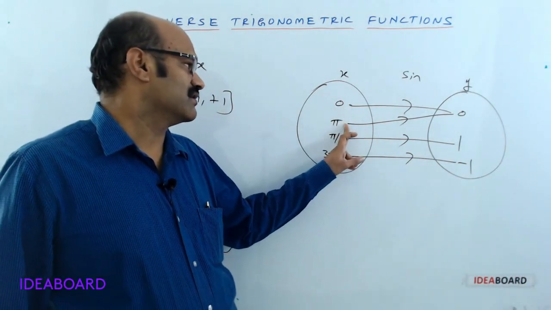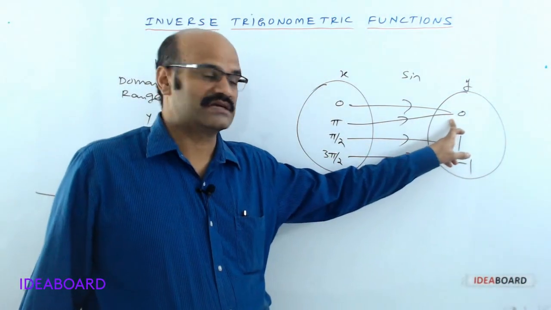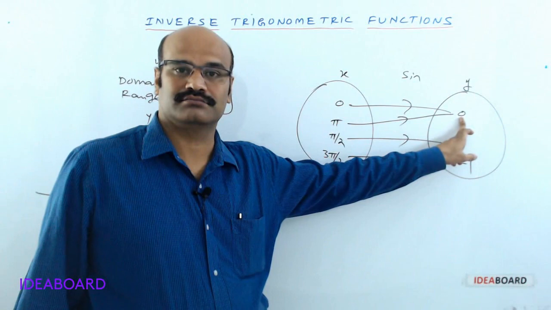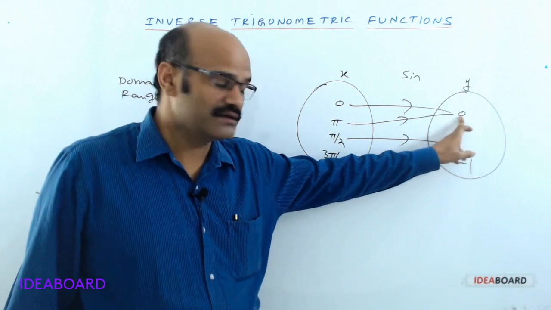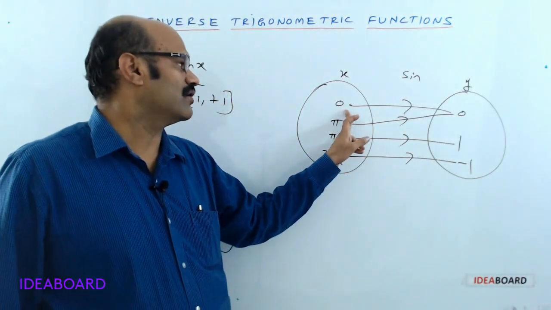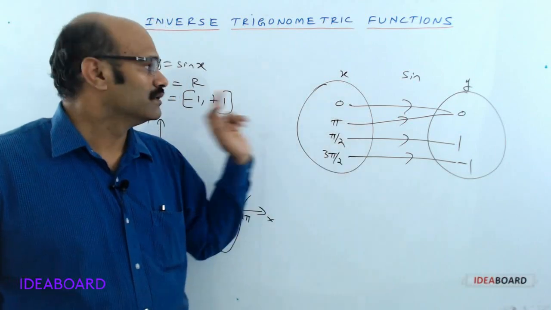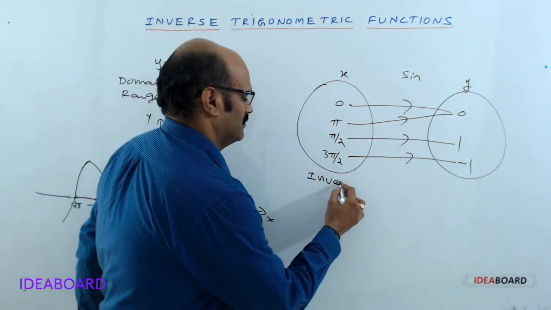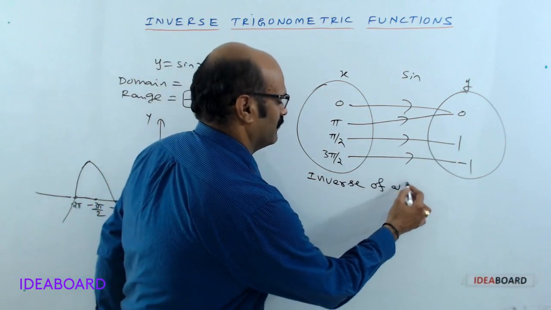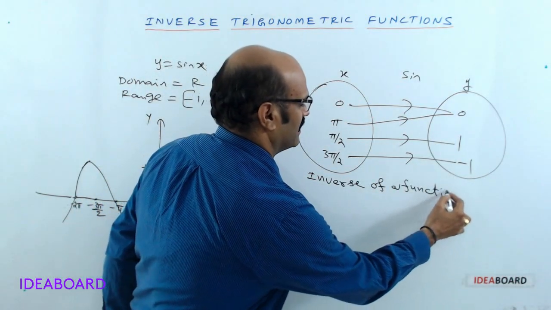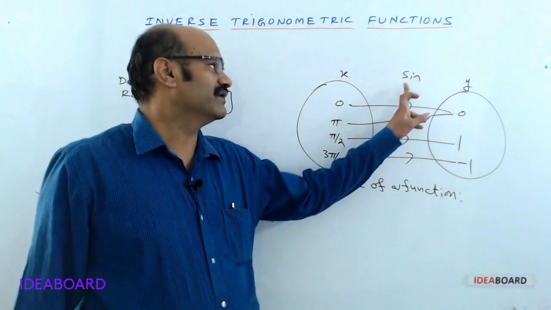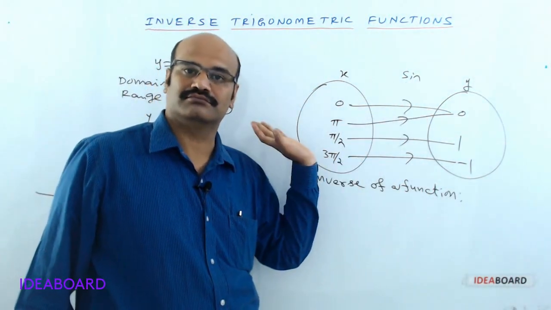Clearly this function is not one-one, since these two elements have the same image. So we say that this function is not bijective. Whenever you want to find the inverse of a function, we have to verify whether the given function is bijective or not. Clearly the given function is not bijective.